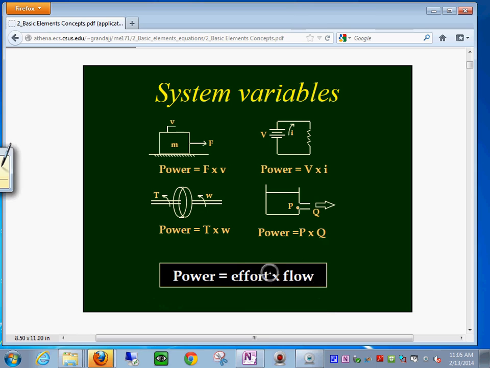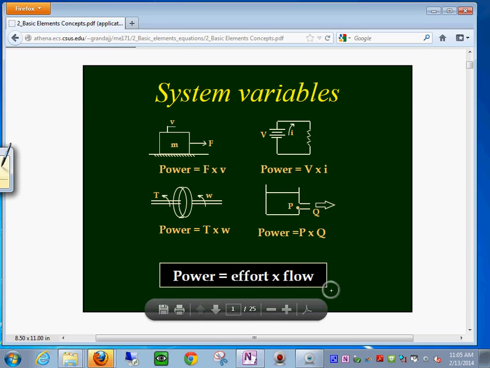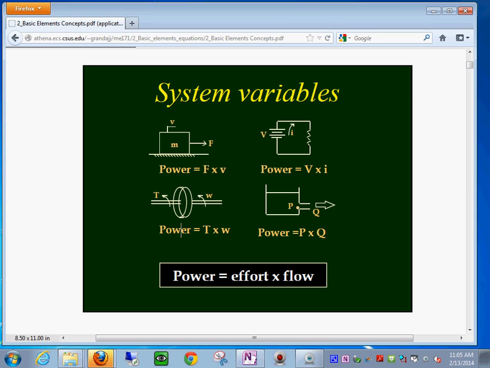The effort we'll call E, the flow we'll call F. And the velocity, the current, and the volume flow rate, this is what you have, the flow. So many systems, I would say all systems, can be analyzed with this principle. Power is effort times flow.